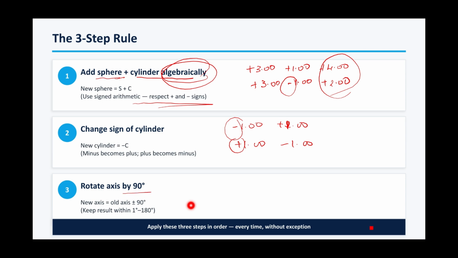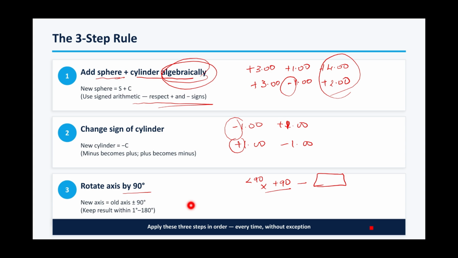What is rotate the axis by 90 degrees? Whenever you have a value which is less than 90, all you have to do is add 90 to that value. So if this x is less than 90, you add 90 to that. The new value is the axis of the new cylinder.